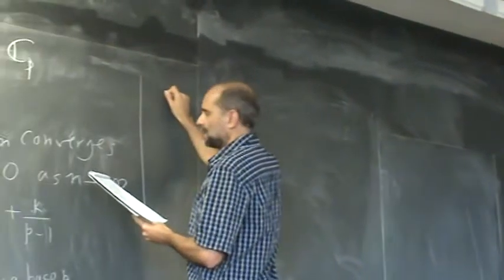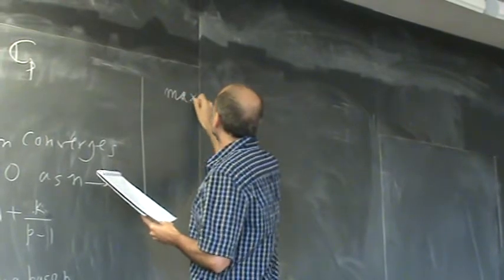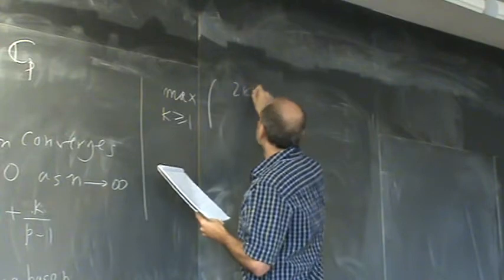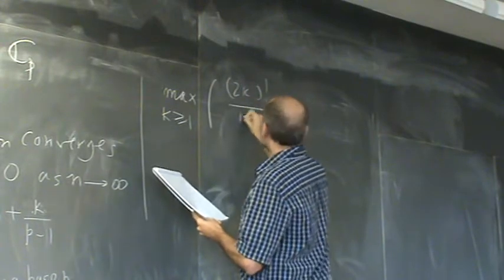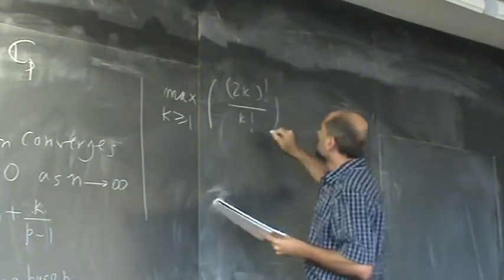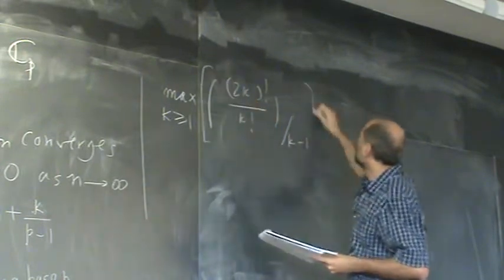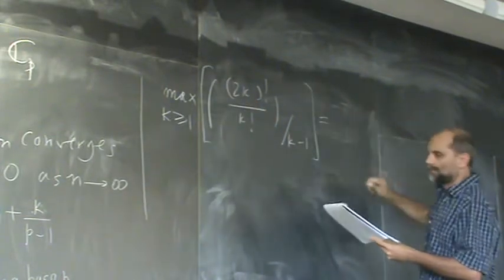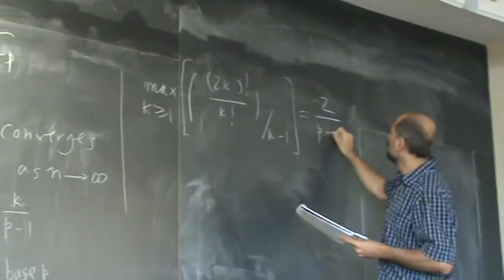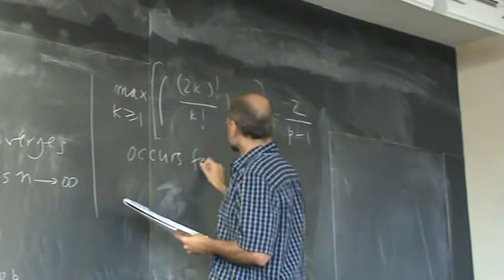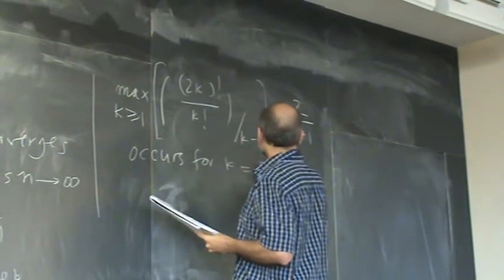So more precisely, if you look at the maximum for k bigger or equal to 1 of v_p of (2k)! over k! divided by k minus 1, this whole thing is 2 over p minus 1, which occurs for k equals (p plus 1) over 2.